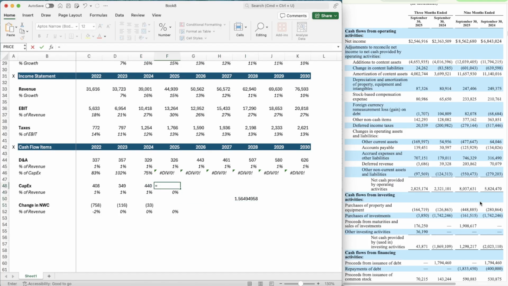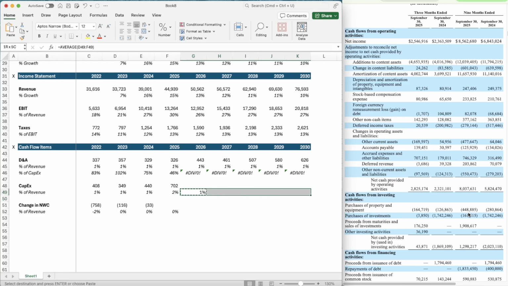Now you take 448.885 multiplied by 1.56494958. An average. Just go revenue multiplied by the percent of revenue. There you have it.